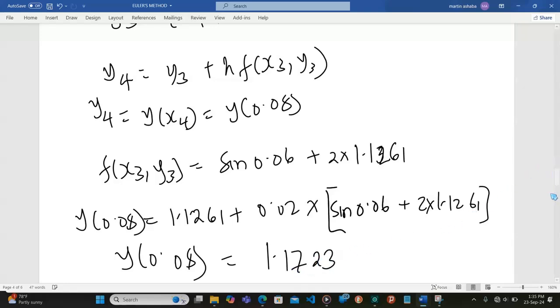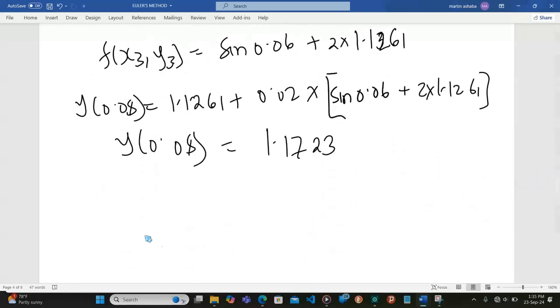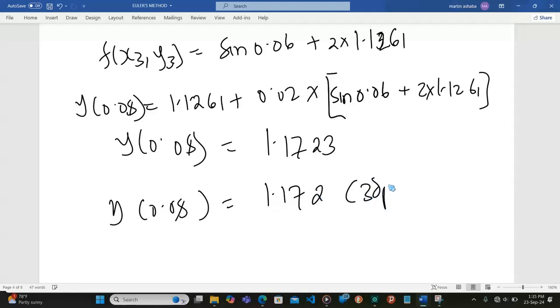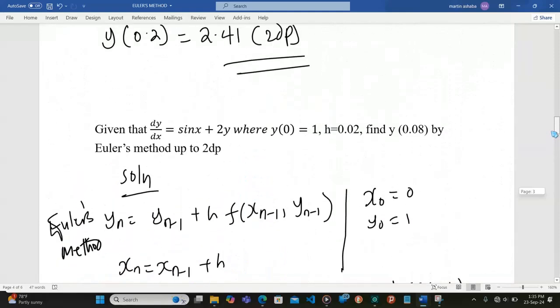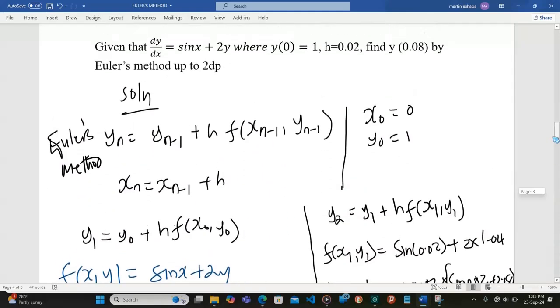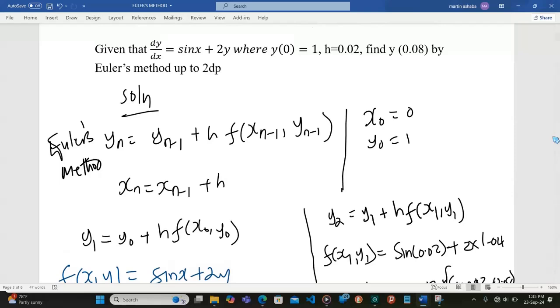So if we want to take this to 3 decimal places, then y of 0.08 will therefore equal 1.172, to 3 decimal places. So this is how we can go through these iterations to determine the solution of the ordinary differential equation at x equal to 0.08 using Euler's method.